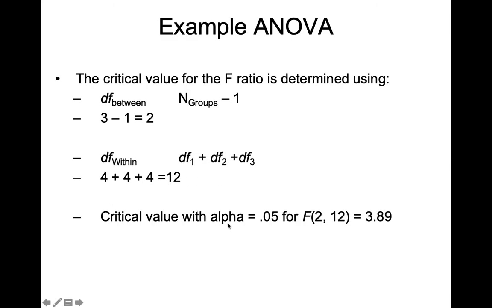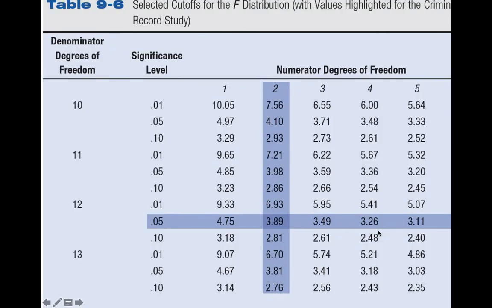So our critical value of F with an alpha of 0.05, with 2 degrees of freedom between and 12 degrees of freedom within, is 3.89. And we determine that using a lookup table. The leftmost column is the denominator degrees of freedom. The denominator is the bottom of the formula, the bottom of the F ratio. The bottom of our F ratio is our s squared within, so we need degrees of freedom within, which is 12.